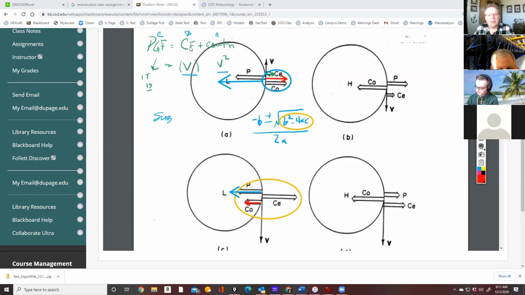In other words, the B term and the C term are the same sign because the velocity is going in an opposite direction. By the way, it's also a very large velocity, because as the velocity gets larger, the centrifugal force grows how? Exponentially.